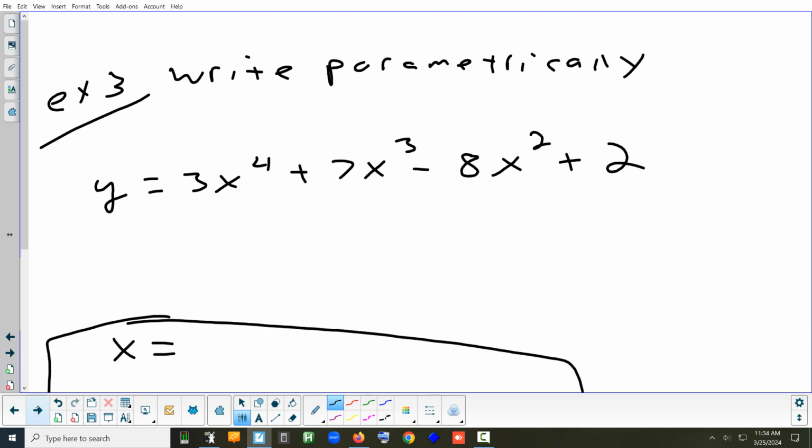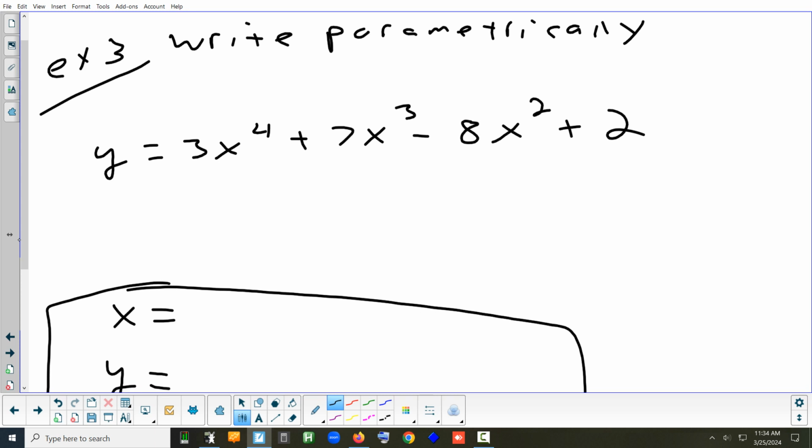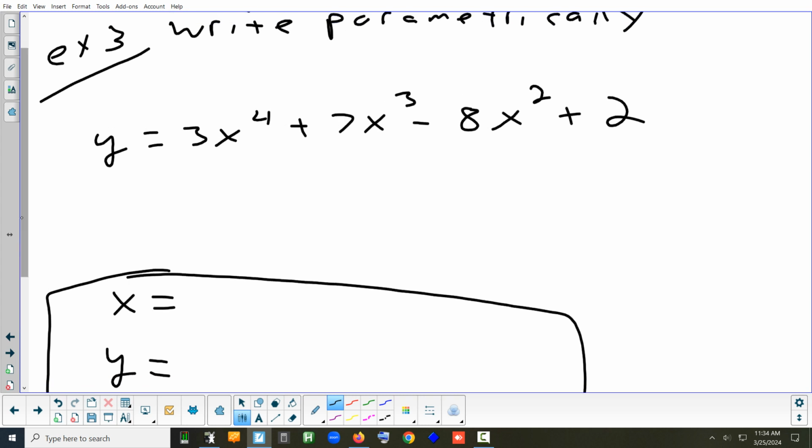Okay, let's try it on this one. So they want us to write this quadratic equation parametrically. What could I let x equal? T. Just let x equal t. And then what would y equal? 3t to the fourth plus 7t to the third minus 8t squared plus 2.